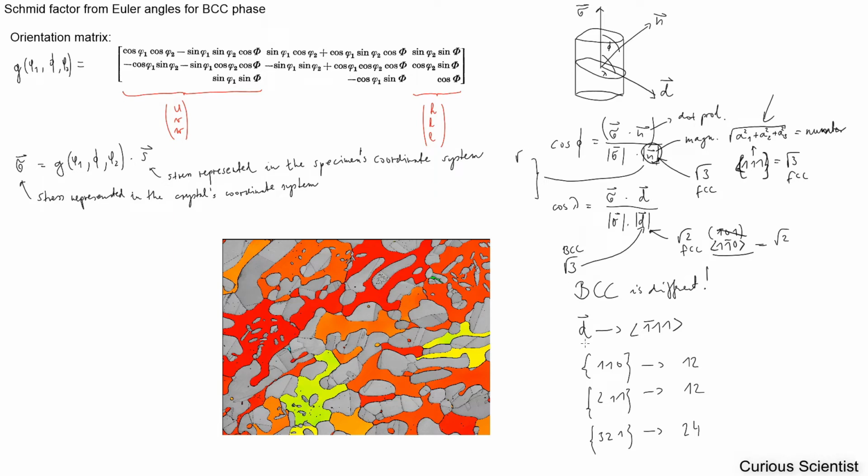In one case, that's of course square root of 2, and in the second case this is square root of 6, and then this is a bit more complicated: 9 plus 4 plus 1, so this is square root of 14.